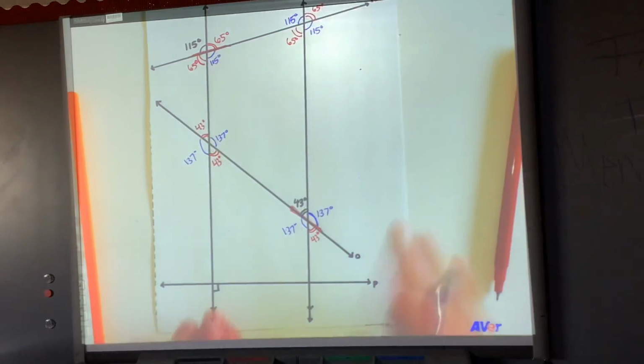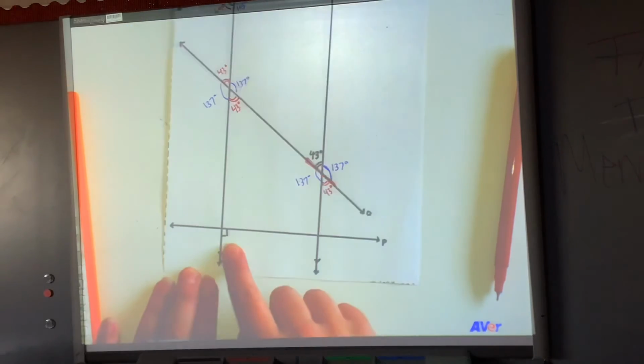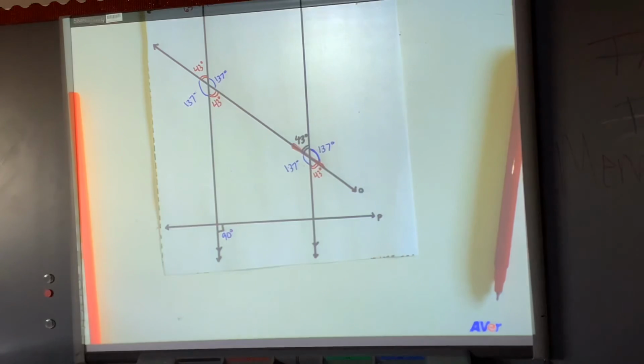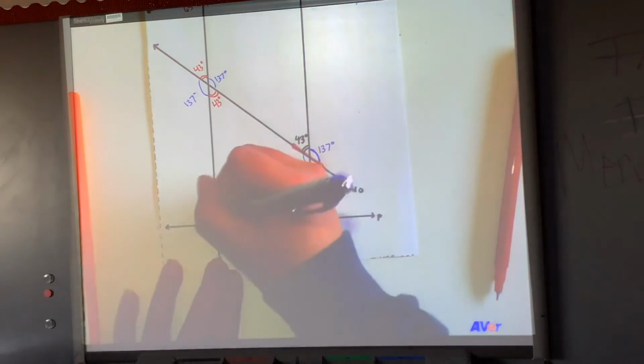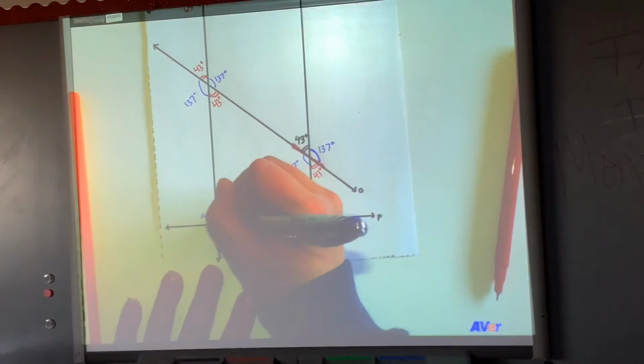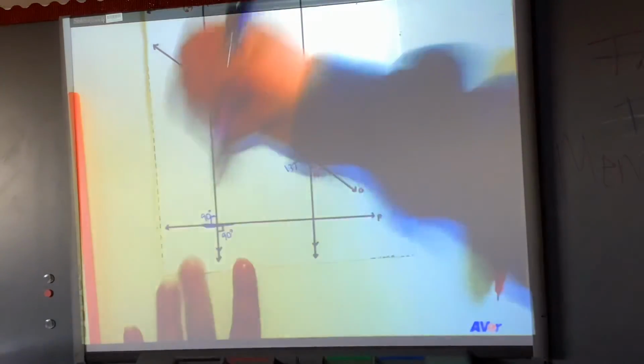And then last but not least, the transversal down here. Now I see no numbers, I just see one box, which tells me that this was a 90-degree angle. The nice thing is I know that that is also 90 degrees because it is a vertical angle. But let's figure this out real quick.